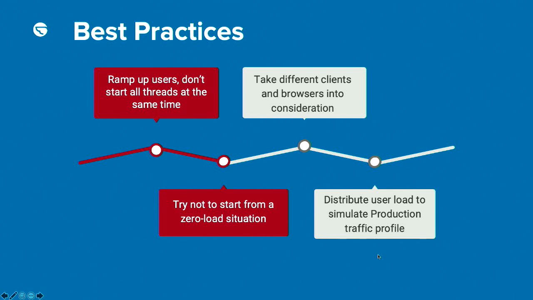We want to take different clients and browsers into consideration, since not all traffic is going to come from the same type of device or browser. Also, distribute user load to simulate the production traffic profile, since not 100% of the users are going to do exactly the same thing at a certain point in time, right?